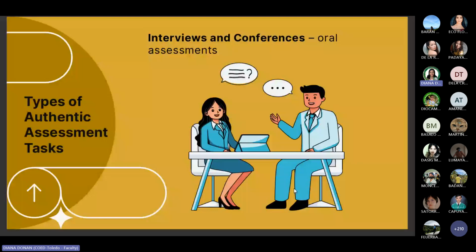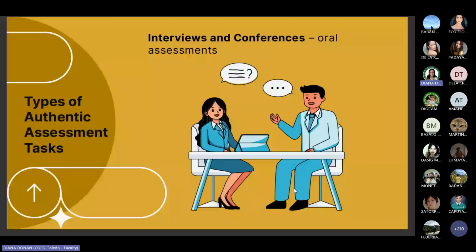So for example, pinaka-common sa tanan, oral examinations, and another is teacher-student conferences or exit interviews, where the students explain the reason why they want to exit or what they've learned. Or even sa work, no? Nasa tayo mga exit interviews.